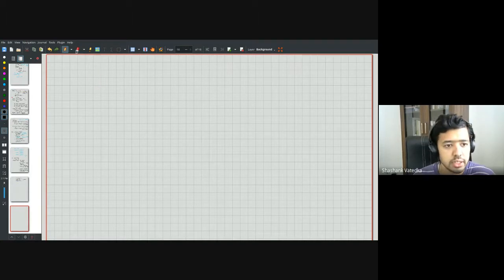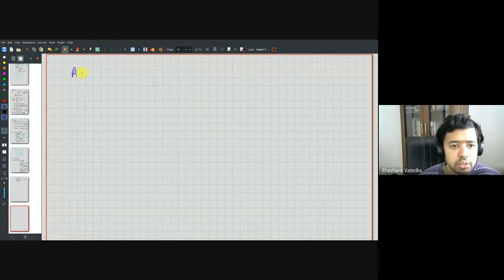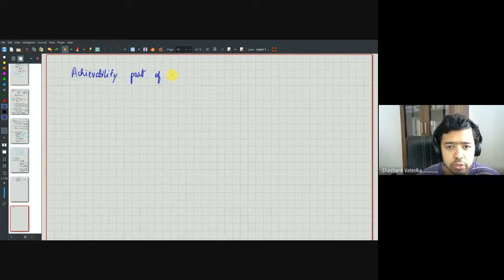So now let us try and prove a bound on the probability of error for a discrete memoryless channel. In particular, we want to prove the achievability part of the channel coding theorem for point-to-point channels.